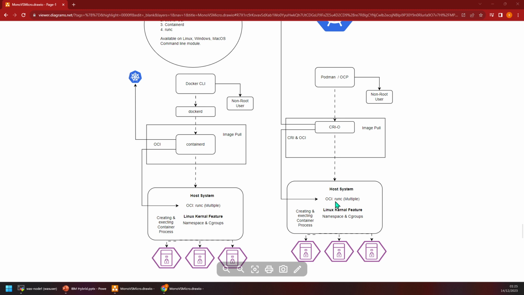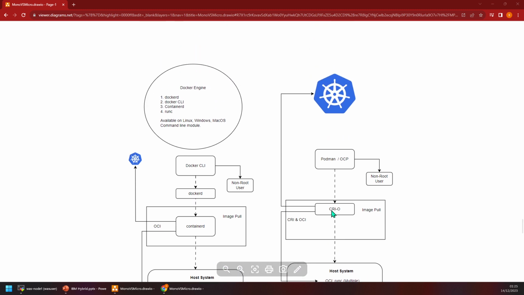It connects with the lower level API of runc, and then runc interacts with the namespace and takes control of the entire containers at the lower level. And CRI-O also connects with Kubernetes, because it has the CRI part in it, where it connects to the runtime environment, which is orchestration.